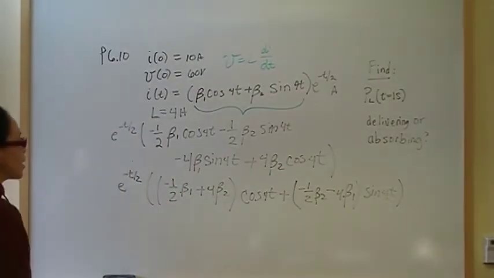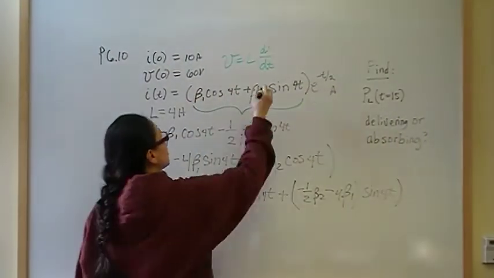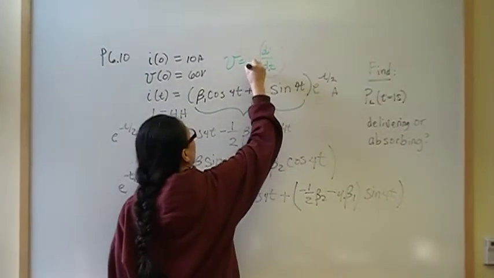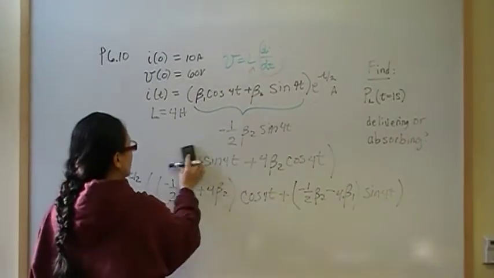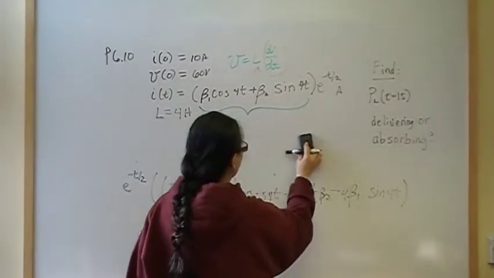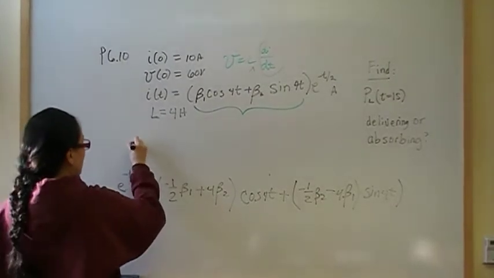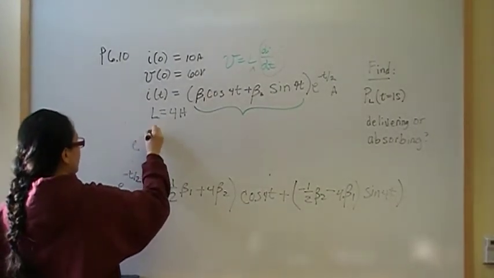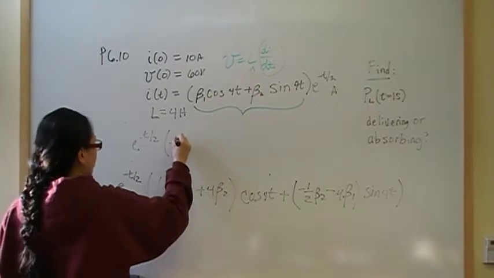Okay, now I'm ready to distribute the 4 Henrys through. We just found di dt. Now we're going to multiply by 4. So when I multiply everything by 4, this becomes e to the minus t over 2 times 4 times negative 1/2, which is negative 2.